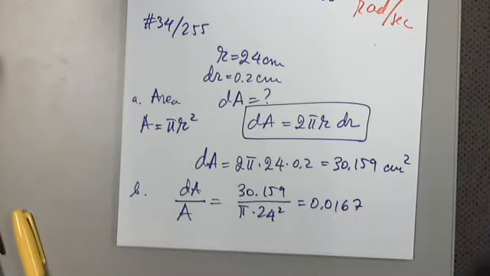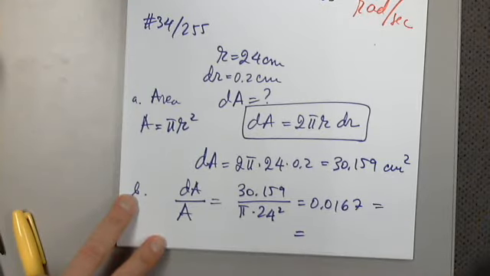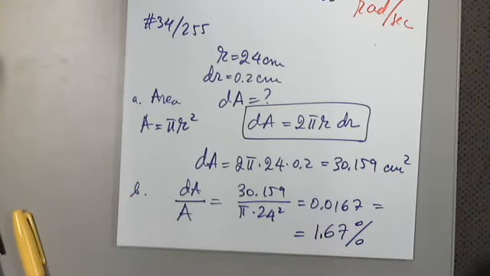No measurement unit because we are dividing centimeter squared by centimeter squared. And from here I can present the percent error, which is 1.67, and of course, no measurement unit. So the error in the area is a little bit more than 1.5% of the actual area.